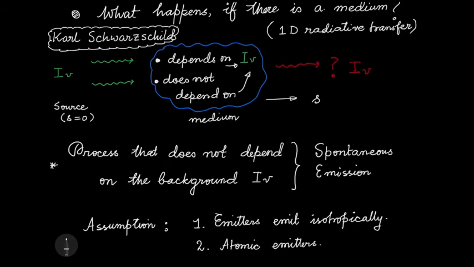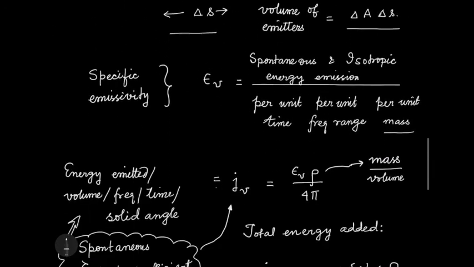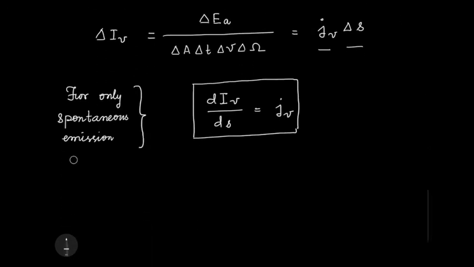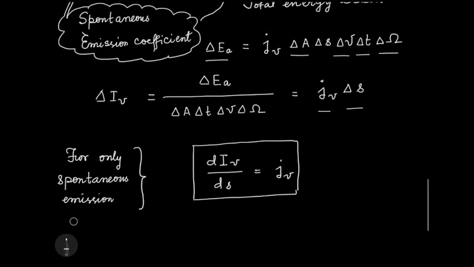Now, if there is a medium and only one type of process is happening, which does not depend on the background intensity, then I nu changes as it progresses through that medium. The more it progresses, the more I nu increases, and the increase per unit length is given by the spontaneous emission coefficient.